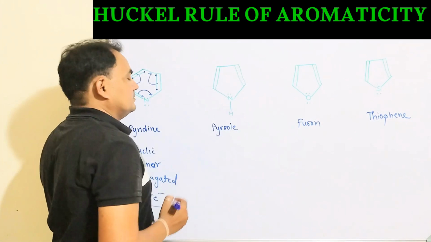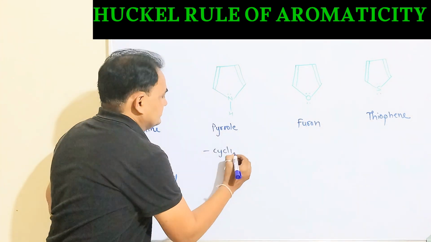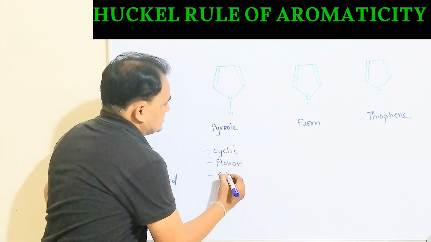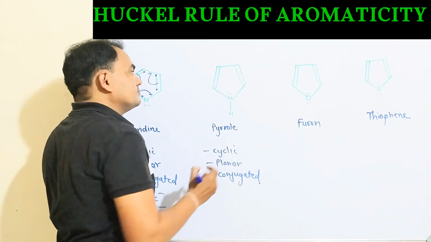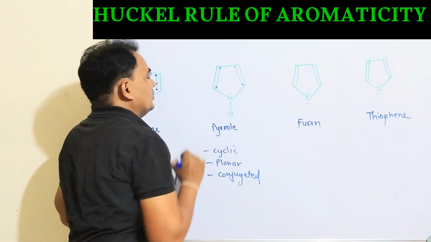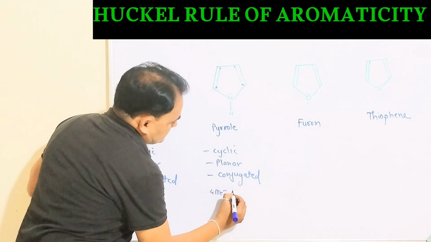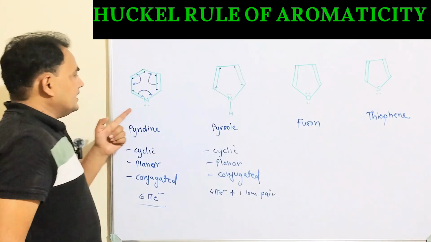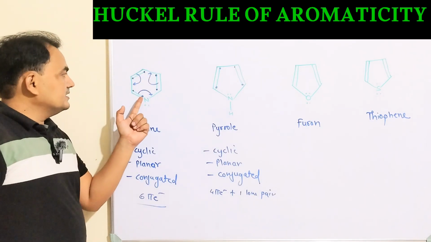Now we see pyrrole. Pyrrole is cyclic, planar, and conjugated also. How conjugated? Here 1, 2, 3, 4 pi electrons and one lone pair. Here a lone pair is present, but in the pyridine case the lone pair does not take part in conjugation because there is no need.